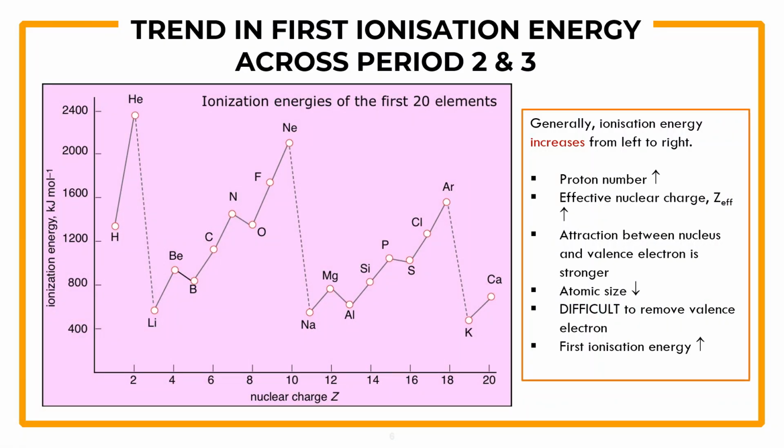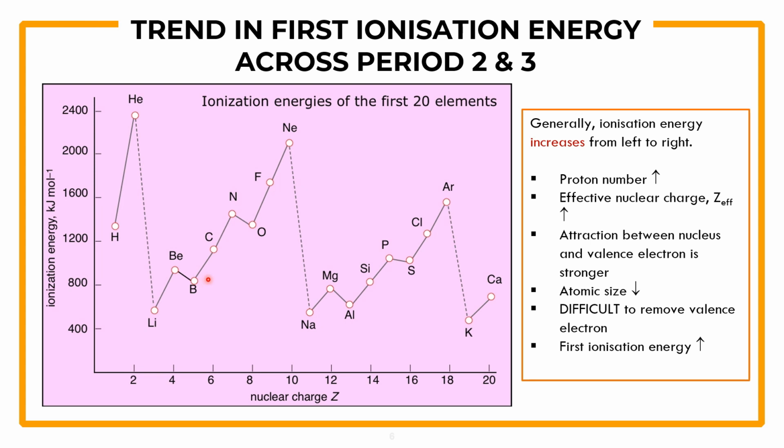Tetapi, if you refer to this trend across period 2 dan juga across period 3, walaupun kita kata generally-nya ionization energy will increase from left to the right of the periodic table, tapi we can observe a few places di mana ionization energy will be lower than the others. Okay, so di sini di antara beryllium dan juga boron, beryllium is group 2 element, boron is group 13 element.